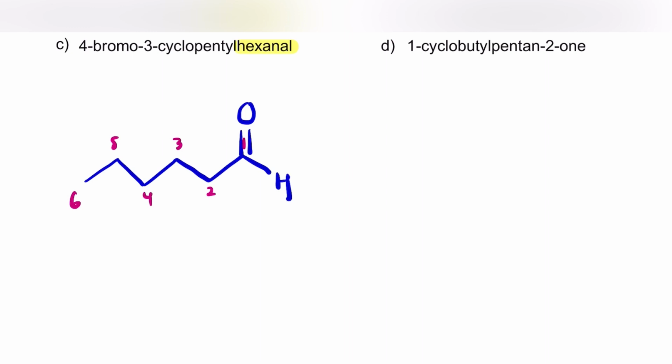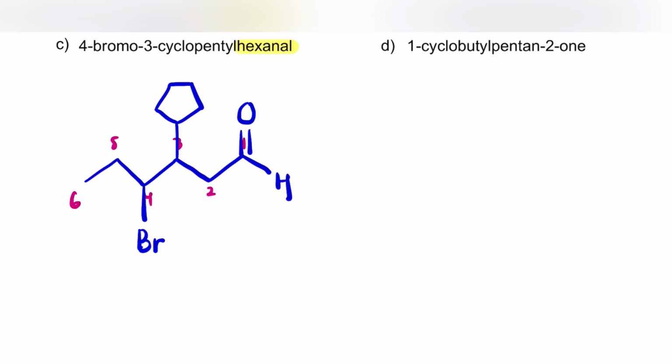And then at the third carbon, you have cyclopentyl. This is a cyclic form as a substituent with 5 carbon atoms. So I'm going to draw at carbon number 3, 5 carbon atoms in the ring. So this is cyclopentyl. And then at carbon number 4, we have Br, bromo. So that settles structure C.